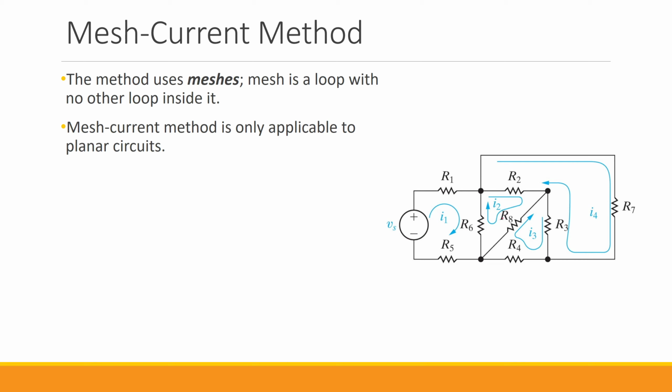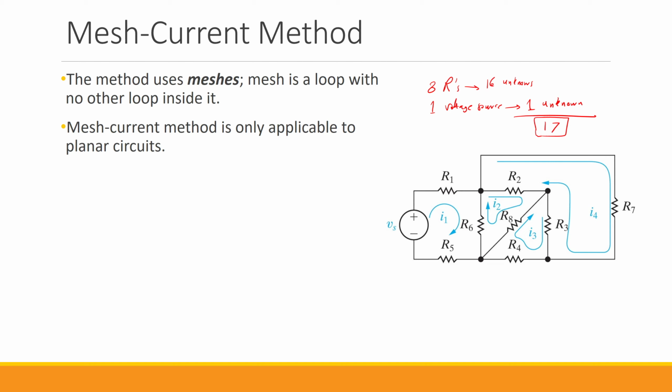So since we have 8 resistors, that translates to 16 unknowns. We have one voltage source too, which translates to one unknown, which is the current of the voltage source. So in total, we need to have 17 simultaneous equations.